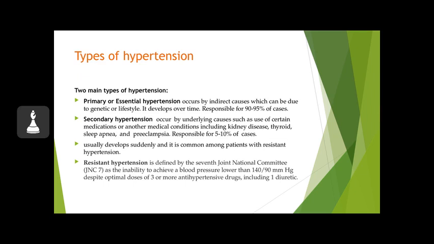Resistant hypertension is defined by the Seventh Joint National Committee as the inability to achieve a blood pressure lower than 140 over 90 despite optimal doses of three or more antihypertensive drugs, including one diuretic.